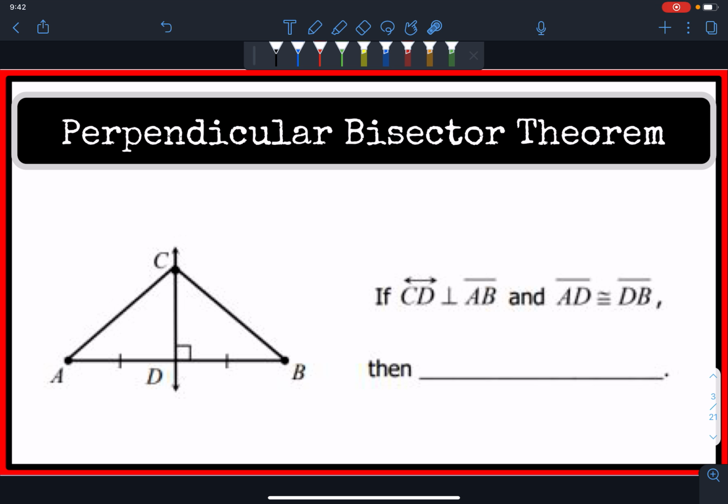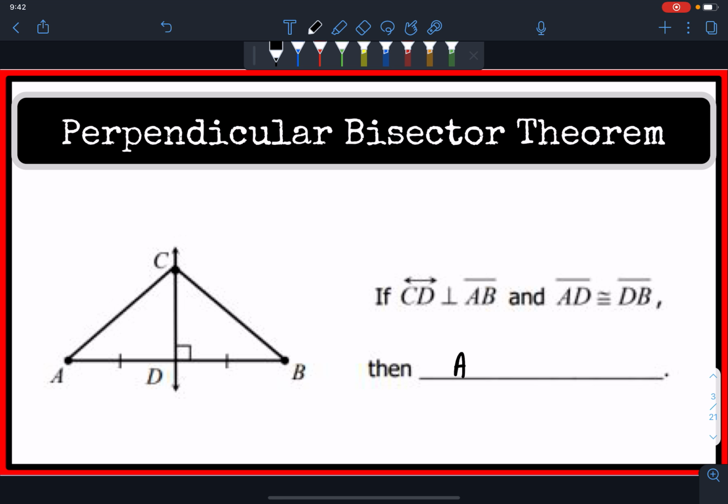If this line CD is perpendicular to this base here, and it intersects it into two equal parts, this confirms that we have an isosceles triangle.